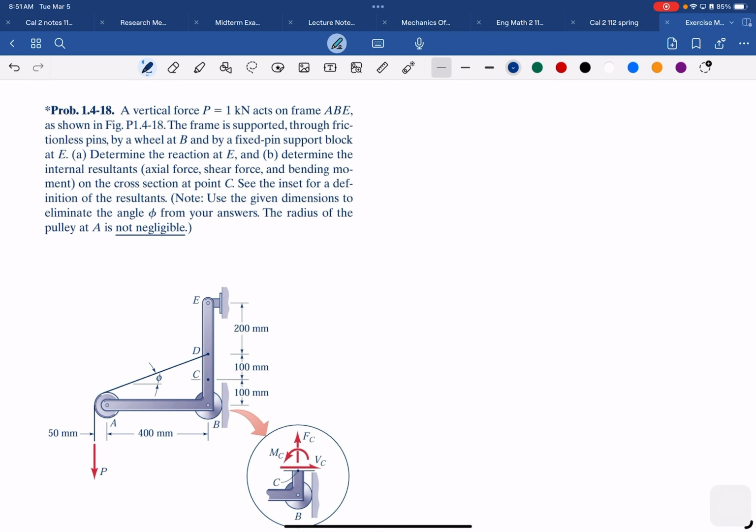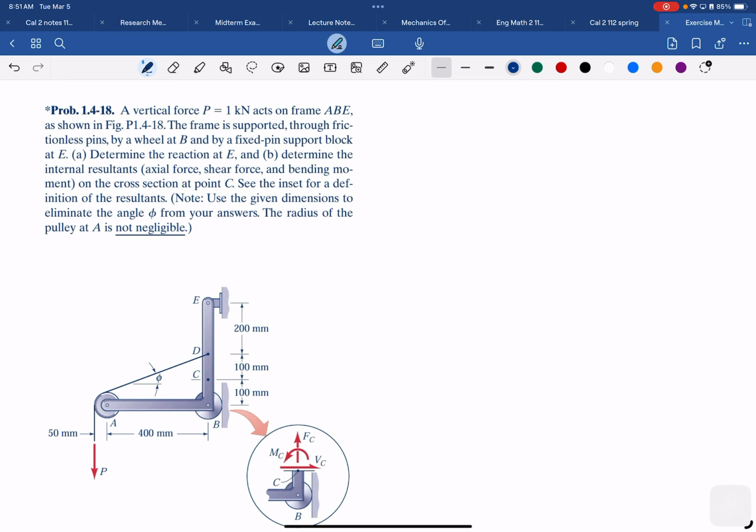You have frame ABE, and again the question is giving you some clue what might happen here, the internal forces, so you can use this as your reference.